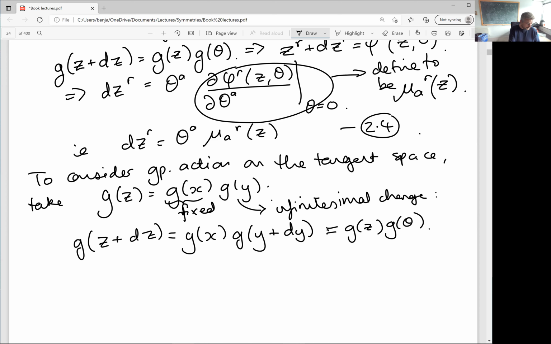All right, so we use the above equation again, and we have that dy^r, the rth component of dy, is θ^a μ_a^r(y). So this implies, if I consider this mu as a matrix, I can multiply by the matrix inverse.